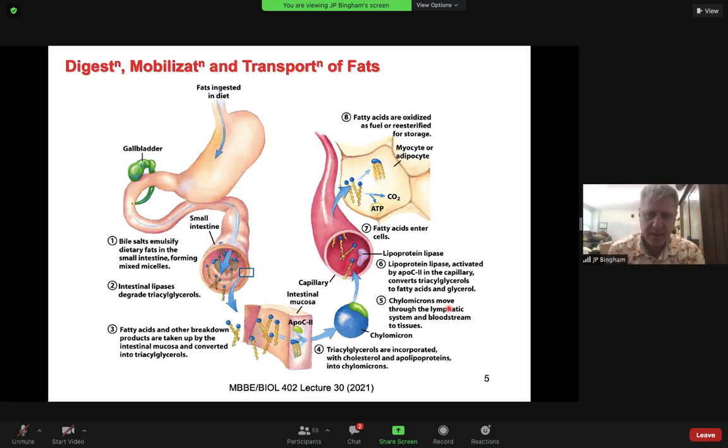In this case, within the walls of the various blood vessels, there are lipoprotein lipases, which are going to basically convert and destroy the chylomicrons to give us the triacylglycerol breakdown products of fatty acids and glycerol. Once those free fatty acids are available, they'll be taken up into particular specialized cells where they can also form triacylglycerols again for storage.